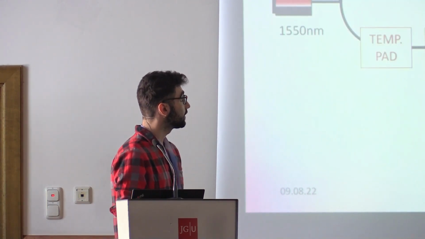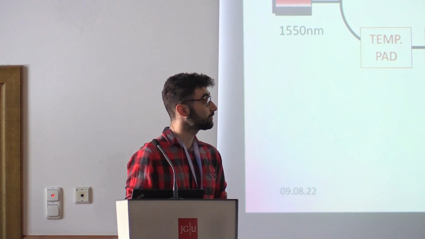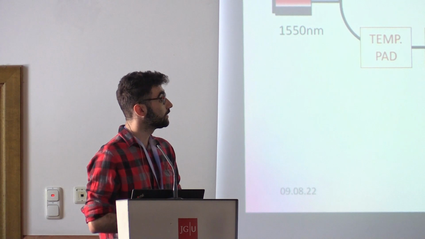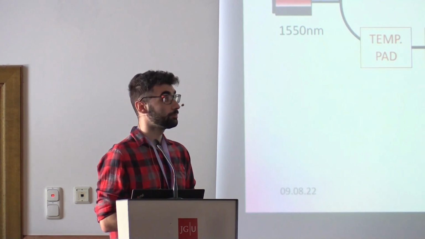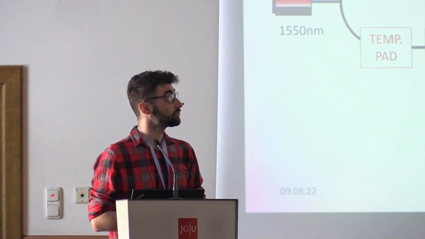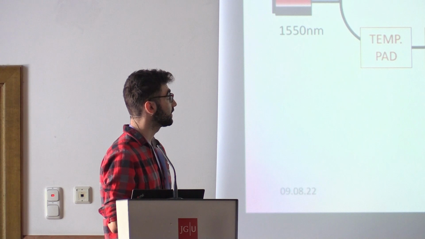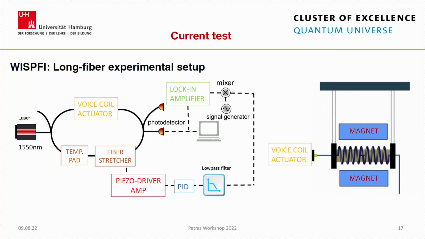And then I will just end by presenting the current testing and the next steps. Compared to the prototype that you can see, here we plan to have a long fiber setup, concretely in the arm where the fiber coil will be placed.